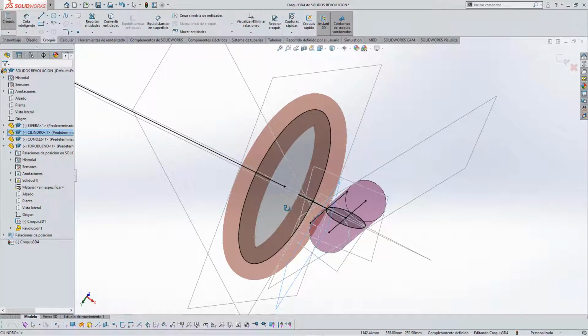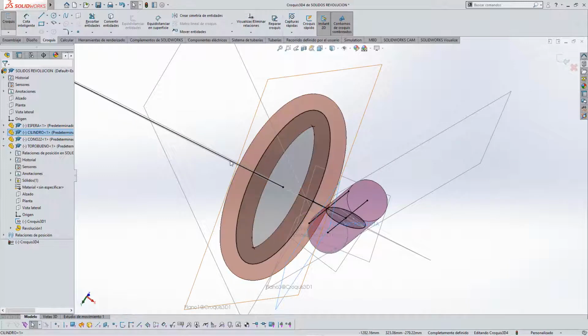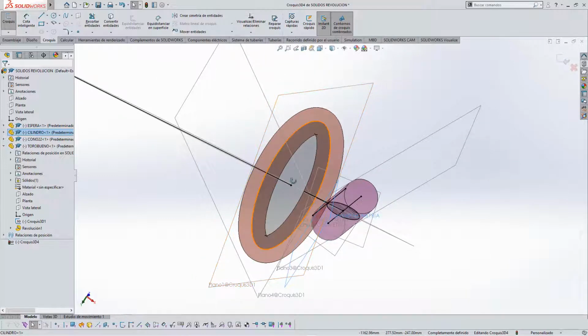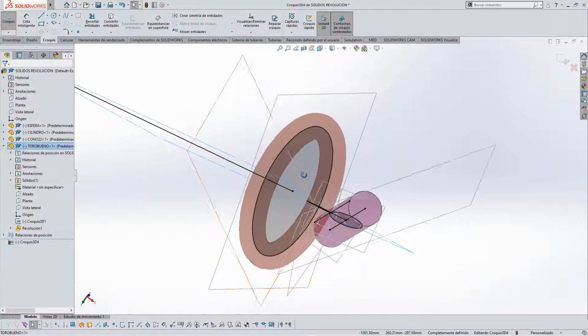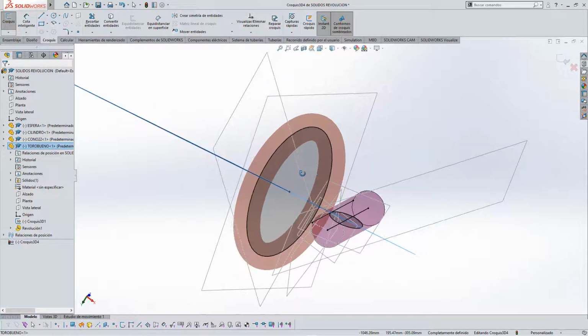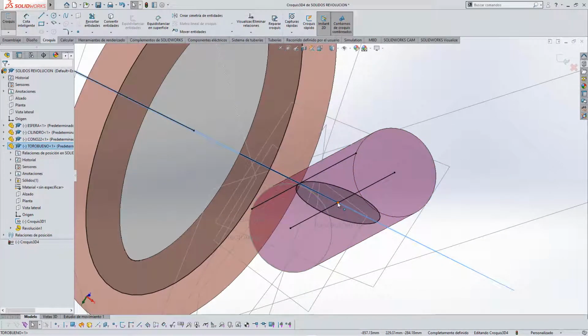We can clearly see that this plane again contains the radius of the inscribed sphere inside the cylinder, okay? And this plane also contains the axis of revolution of the torus. So these are more or less the relations in this case.